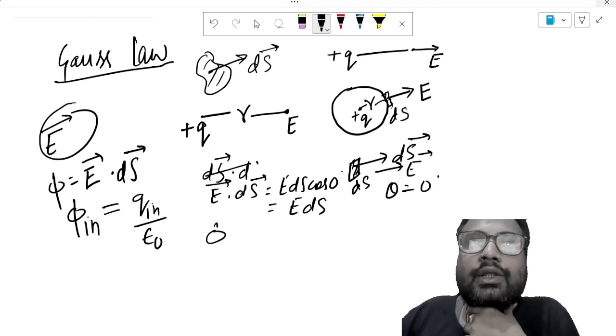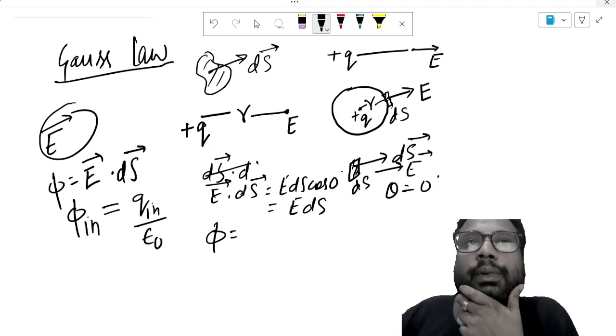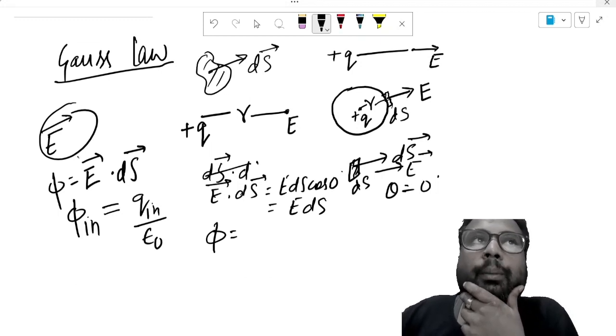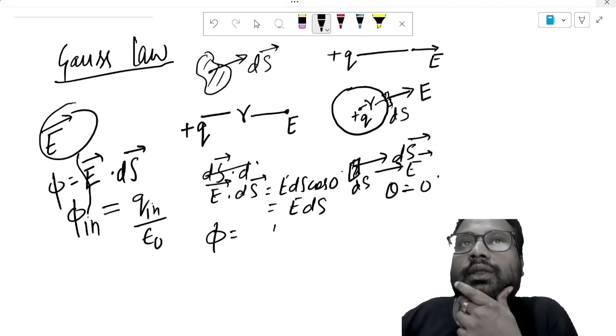One is flux, which is due to this charge which is present inside this closed surface. This will be an integration of complete flux. So E dot ds is only through this small surface ds.